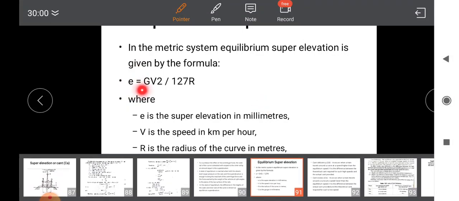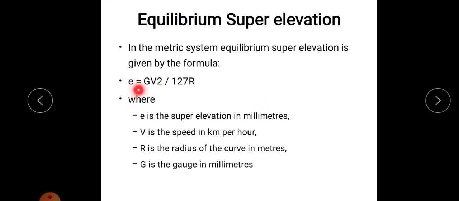If we give the value of G in centimeters, the value of E will be in centimeters. Based on the unit of G, the unit of E also varies. Others are the same, that is V is in kilometers per hour and R is in meters. So this is the equation for calculating equilibrium super elevation.